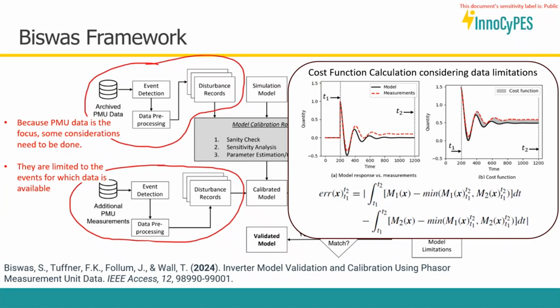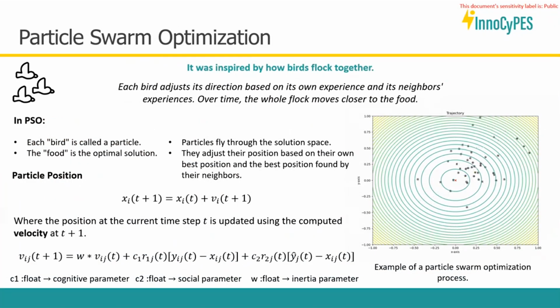So that's the idea about particle swarm optimization, for example, right? The idea of particle swarm optimization is like birds flocking together. You have a bunch of particles, and each of them tries a different set of parameters, and they get a result.